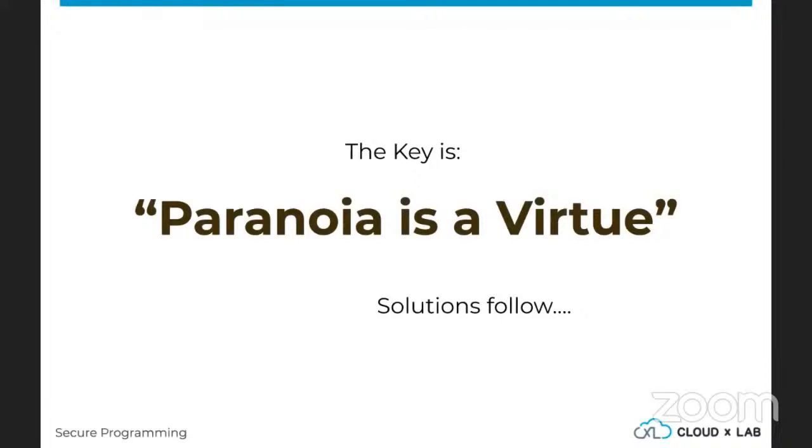So focus on what could break in a code, where is the input coming from, and what exactly is the code doing. It's a hard thing to follow, but there is no other way. I'm going to talk about situations and patterns, but the important part would be to build a paranoia.